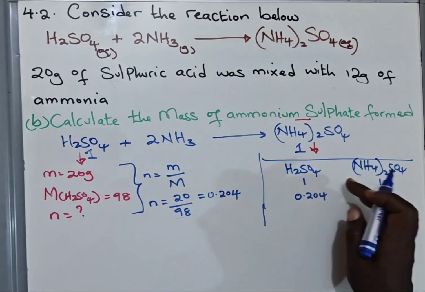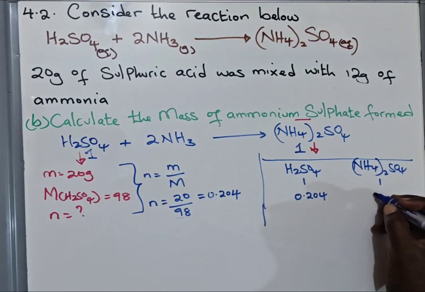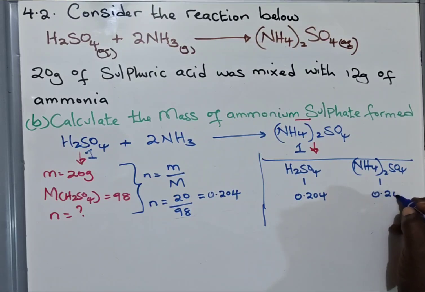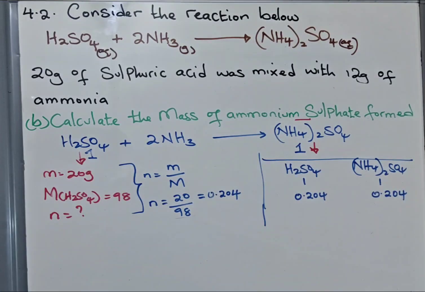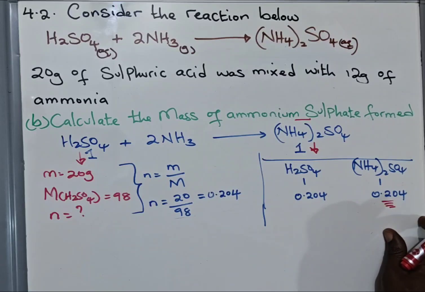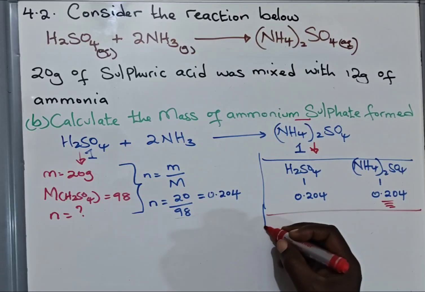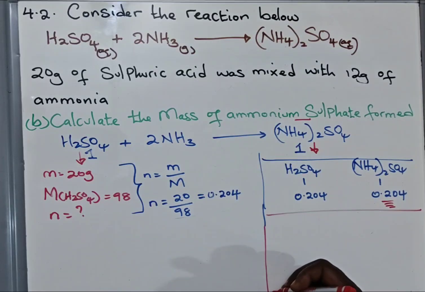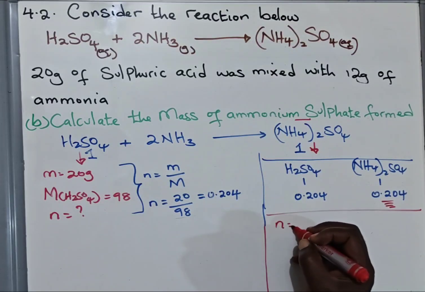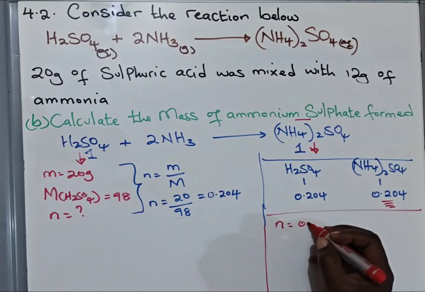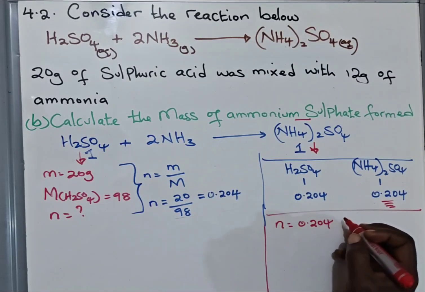So if the ratio is 1 to 1, it means that this side you're going to have also 0.204. So next, now you go to our ammonium sulfate. You list everything you know about it. Okay. First of all, you know number of moles. We've just found it to be 0.204 moles.